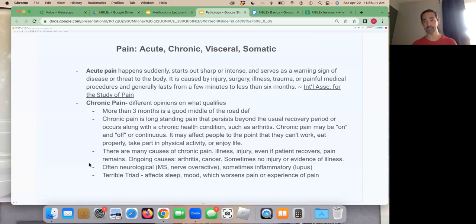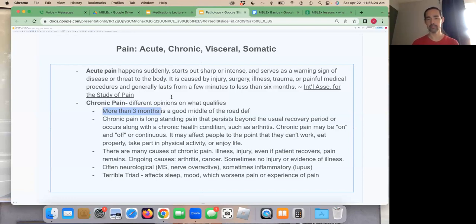If it goes more than 6 months, it's definitely considered chronic pain by everyone. Some people will say that chronic pain is actually more than 3 months. So there's another place where there's not consensus, and if you click on this, you can look at the study that I took this quote from for acute pain.